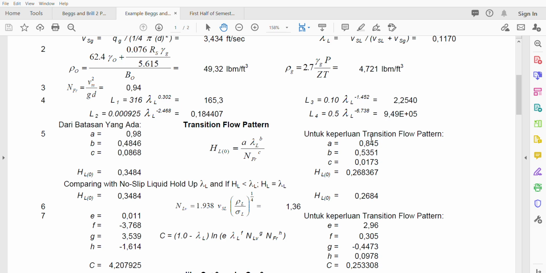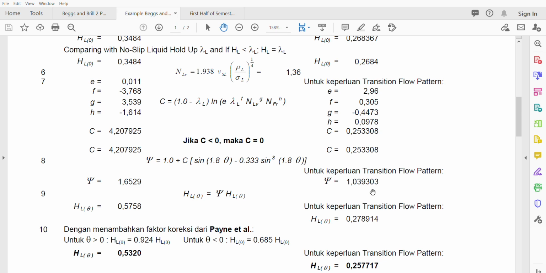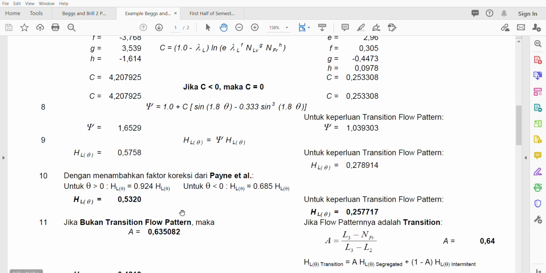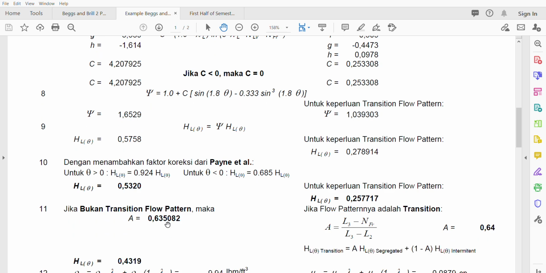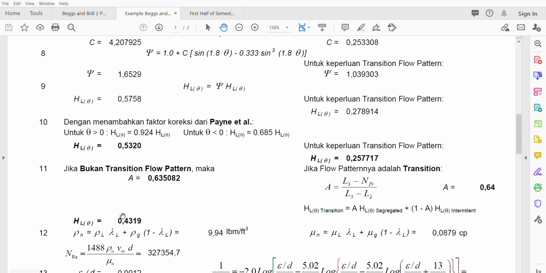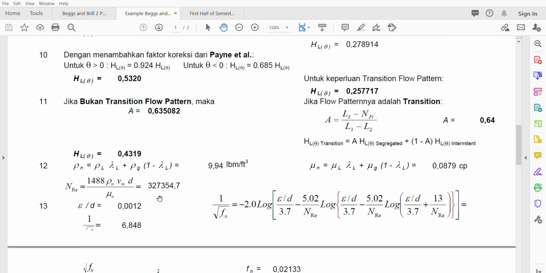So calculate both of them, so you end up with each of them having an HL. Okay, and then you recombine everything to become one HL.